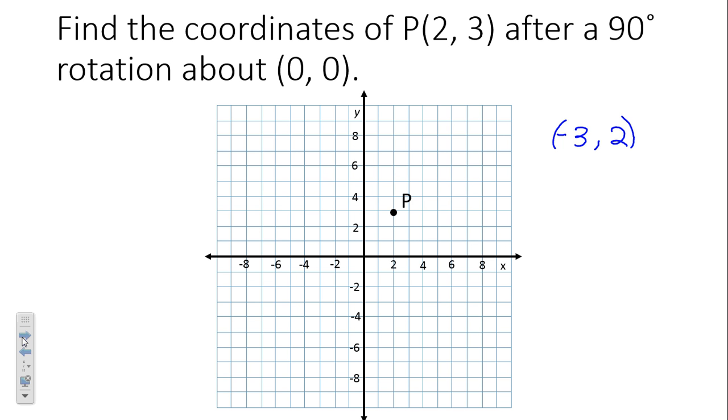So put a point at negative 3, 2. Label it P prime. Our original point was here. Here's our angle of rotation. We're 90 degrees away.